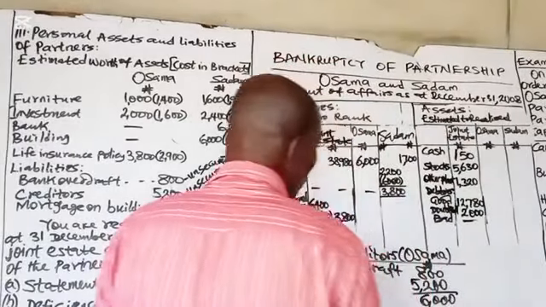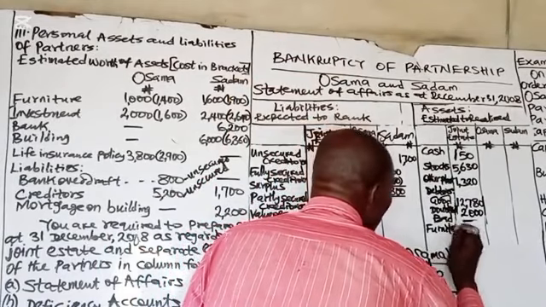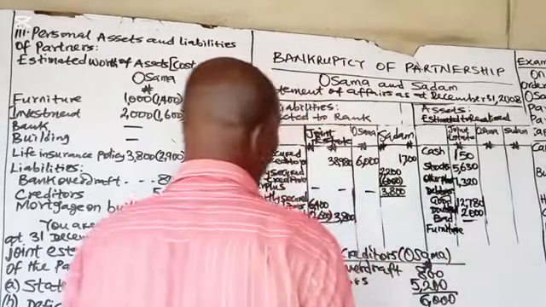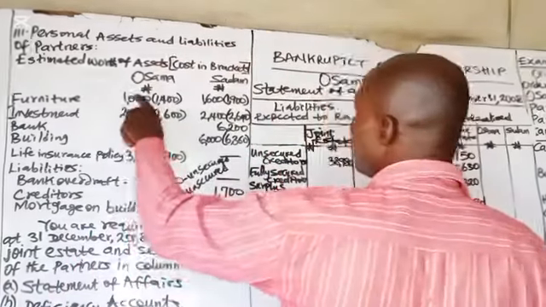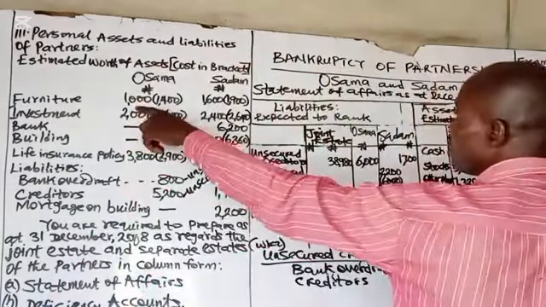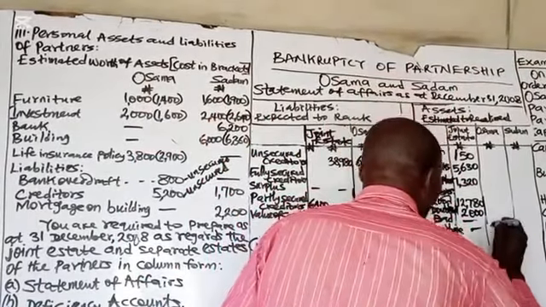So we have furniture. Joint does not have furniture. Then Osama 1,000. Saddam 1,600.